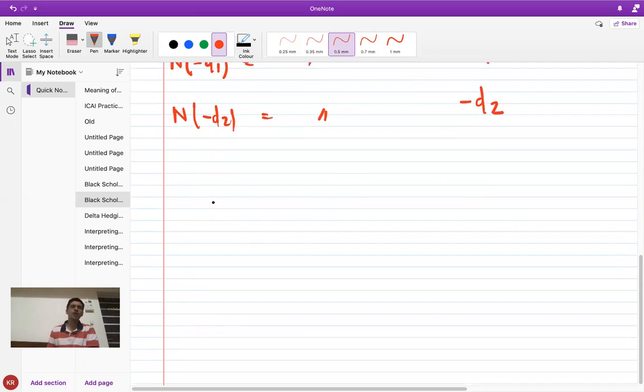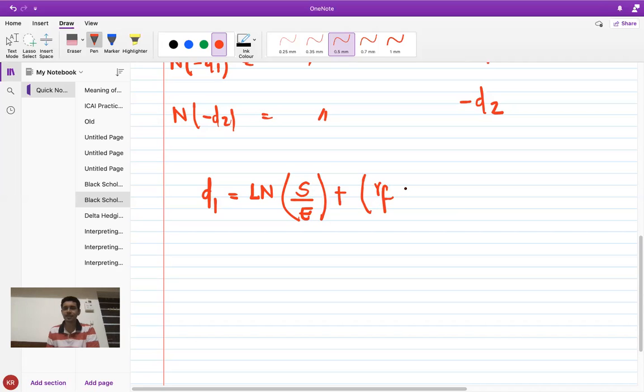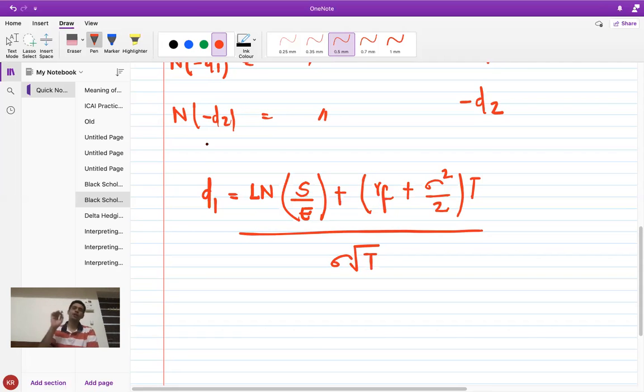Okay. Now coming to the formula for D1. This is a little dirty part. Ln of S by E plus RF plus sigma square by 2 into T, the whole divided by sigma root T. This is the formula for D1.